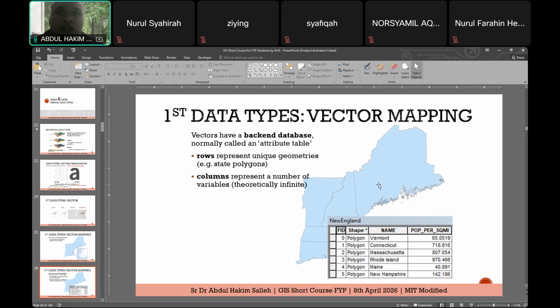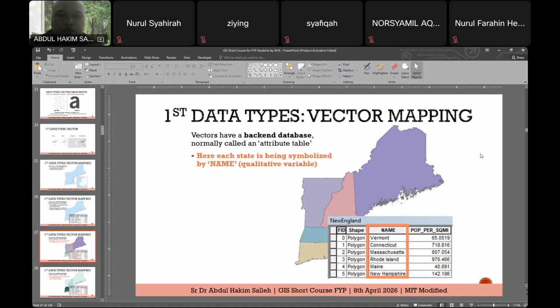For example, the kilometers of roads in state A. How many kilometers of road are available in Nibong Tebal? Okay, that's a tough question. But through vector mapping, it can give you the answer. Okay, I mean the back-end database can give you the answer.